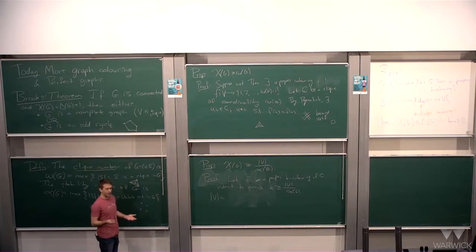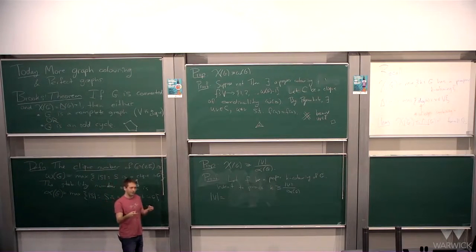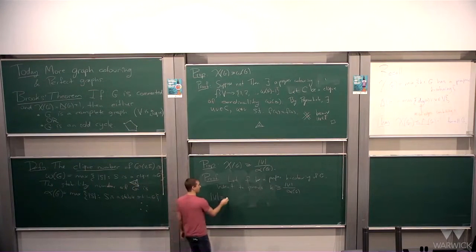Here's one way to write the number of vertices of the graph. You can look at all the colors and count how many vertices there are of each color.